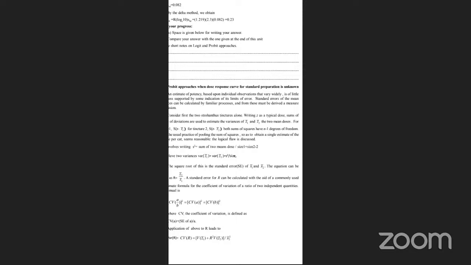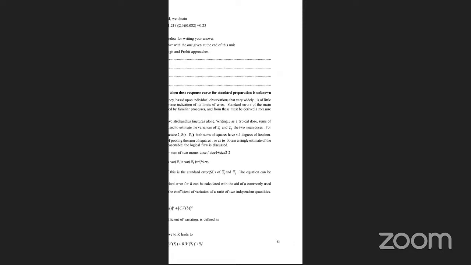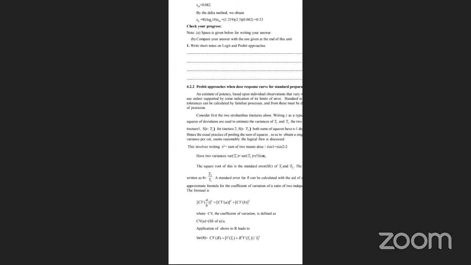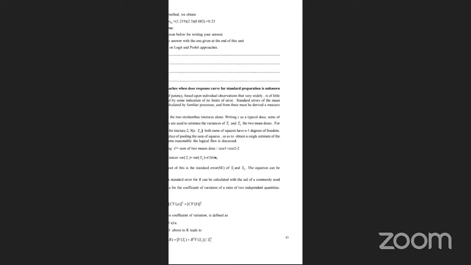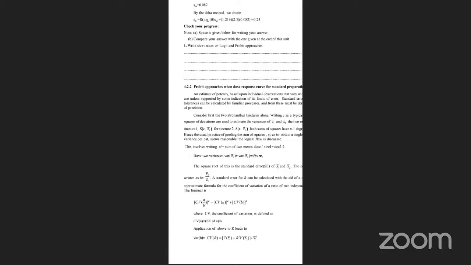Writing Z as a typical dose, sums of squares of deviations are used to estimate the variance of Z1 and Z2, the two mean doses for S and T. Both sums of squares have n minus 1 degrees of freedom. The usual practice of pooling the sums of squares so as to obtain a single estimate of variance seems reasonable.